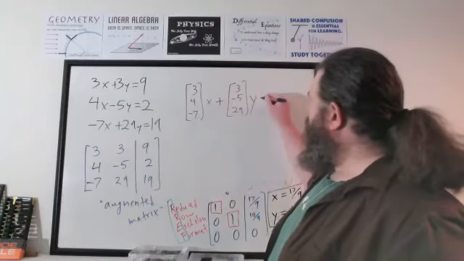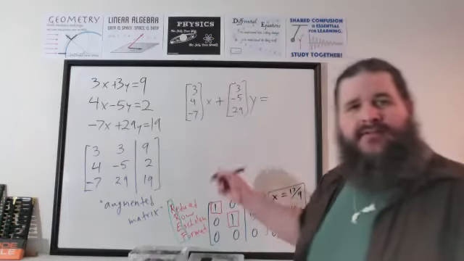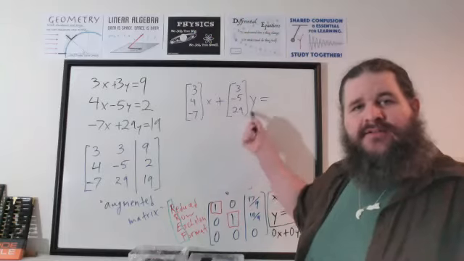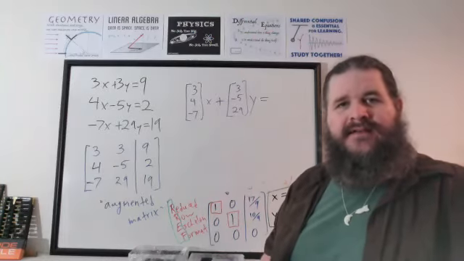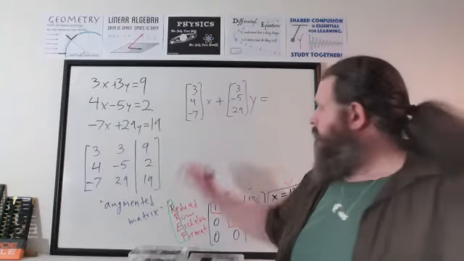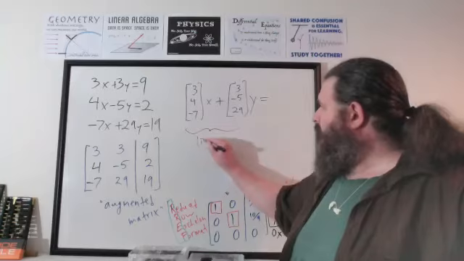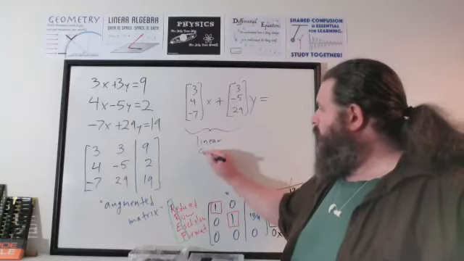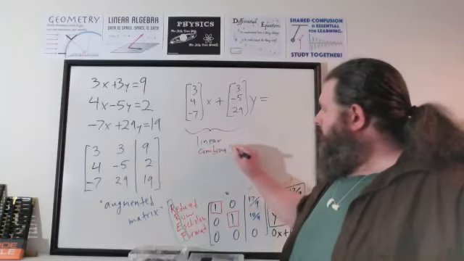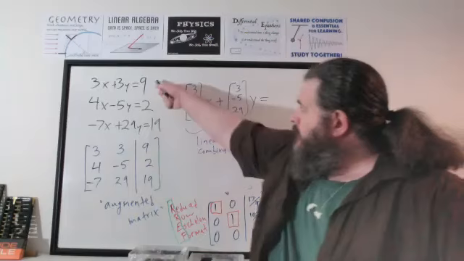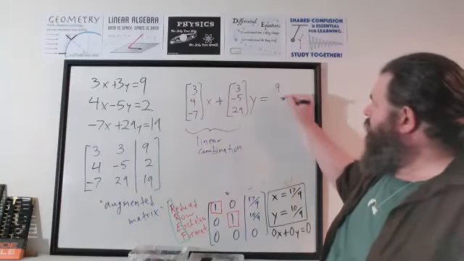Added together. And what do we call that, by the way? If you've got a vector times a scalar plus another vector times a scalar, what's the usual term for that? Linear combination? Yeah, this is a linear combination of those two column vectors. And we want those to add up to these numbers, 9, 2, 19.